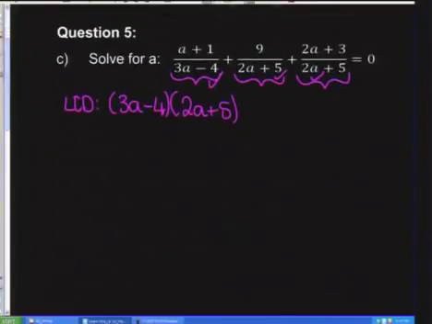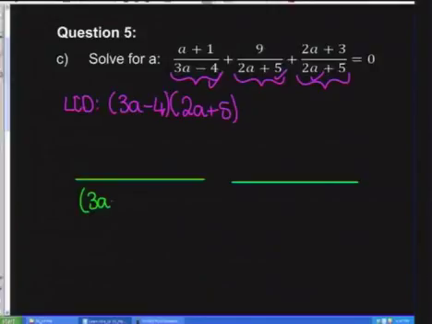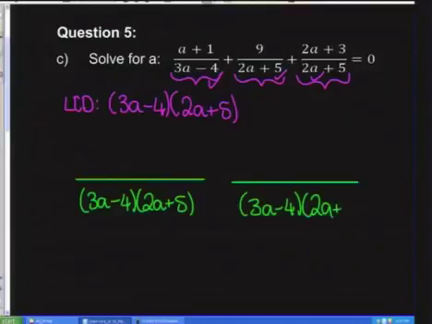Okay, so we are going to put everything over the LCD, and we're going to have to do it on the left-hand side and on the right-hand side of my equation. So we've got our 3a minus 4, and I've got my 2a plus 5, and same thing on this side, 3a minus 4 and 2a plus 5.